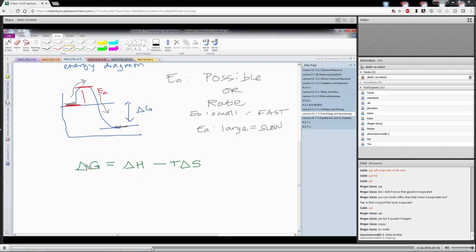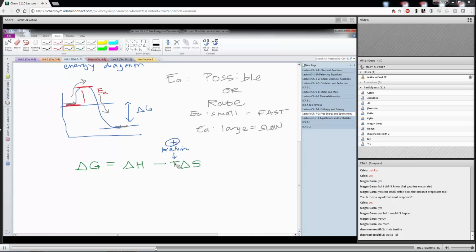So the value of my free energy is equal to the value of my enthalpy minus the temperature, and this is a temperature in Kelvin. This value is always positive because the Kelvin temperature scale goes from 0 to infinity, but it never is negative because 0 is absolute 0, okay?